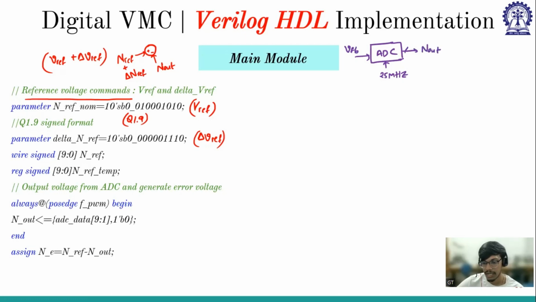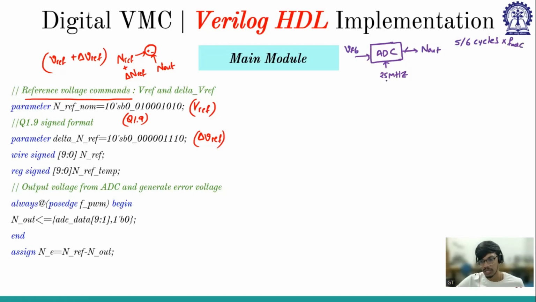So we have seen that the ADC has a latency of say 5 cycles or 6 cycles, I don't remember exactly. It has this latency. So whenever it takes the sample, after 5 to 6 cycles of FADC, it will give us the output. So in order to be fast, we have to give a very high FADC.